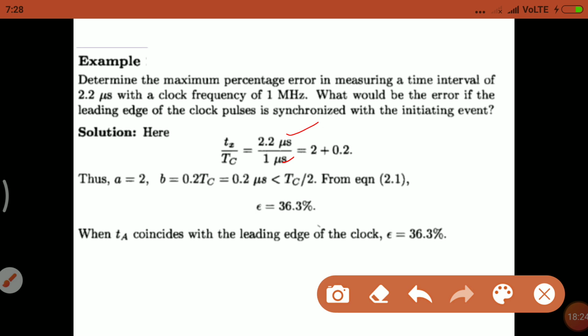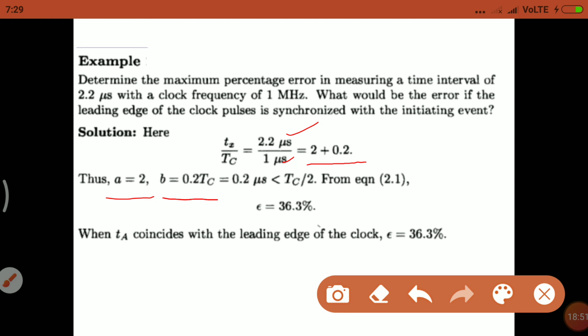Now to find the value of A, the integer part, and the fraction part B, the proper fraction B by Tc, we just divide 2.2 by 1. We get the integer part as 2 and the fraction part as 0.2. So we get A as 2 and B as 0.2 times Tc.